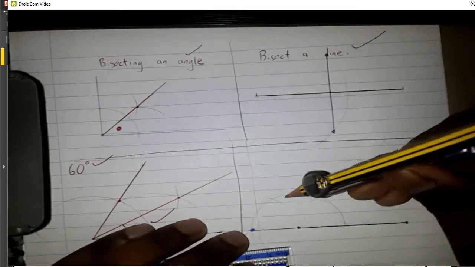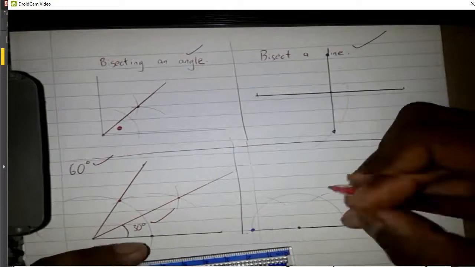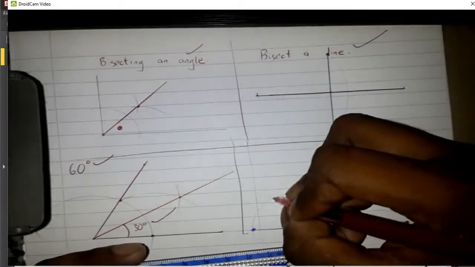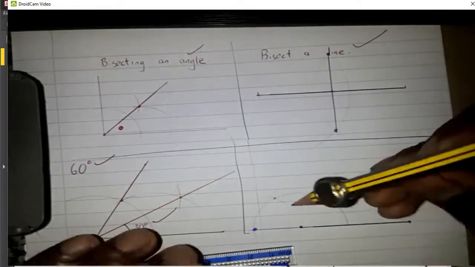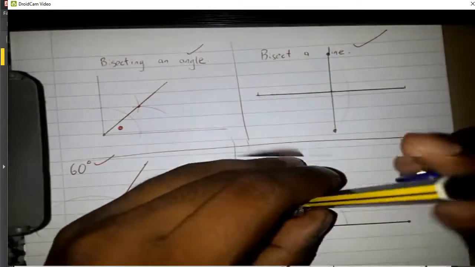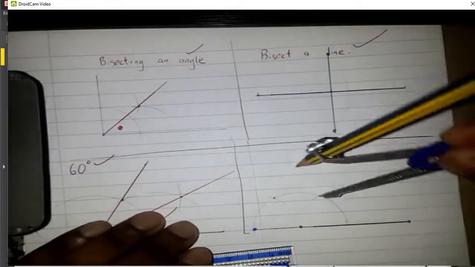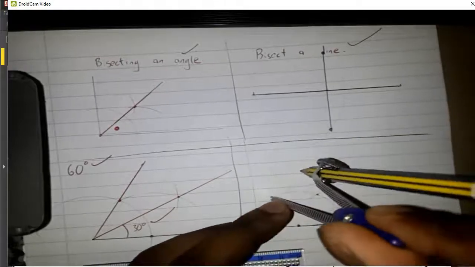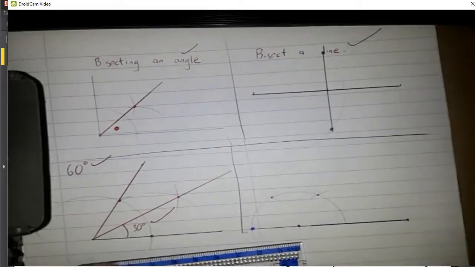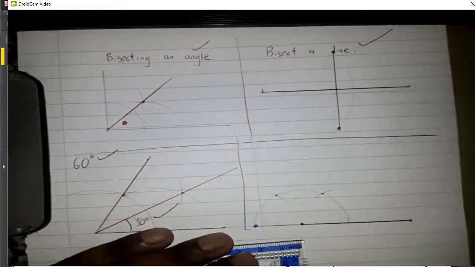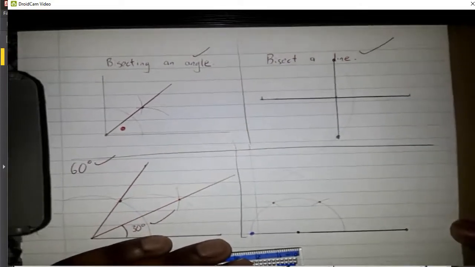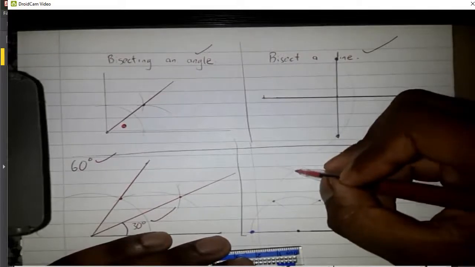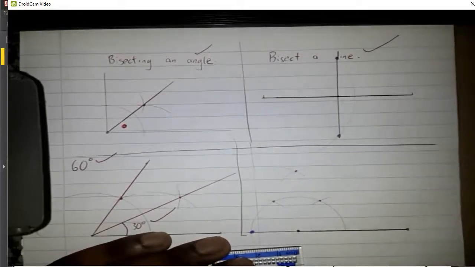Then from here now, see these intersections here. We come here, draw an arc. Camera crooked, okay, there we go. Then we've got this point over here, right?